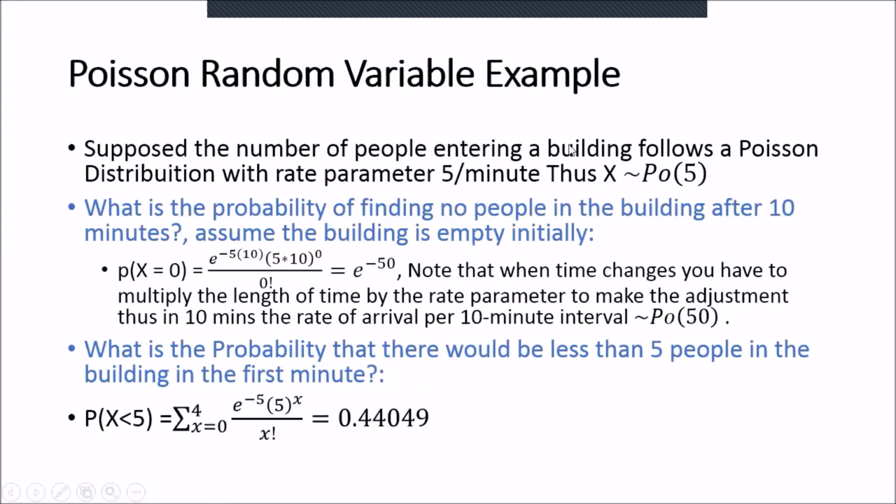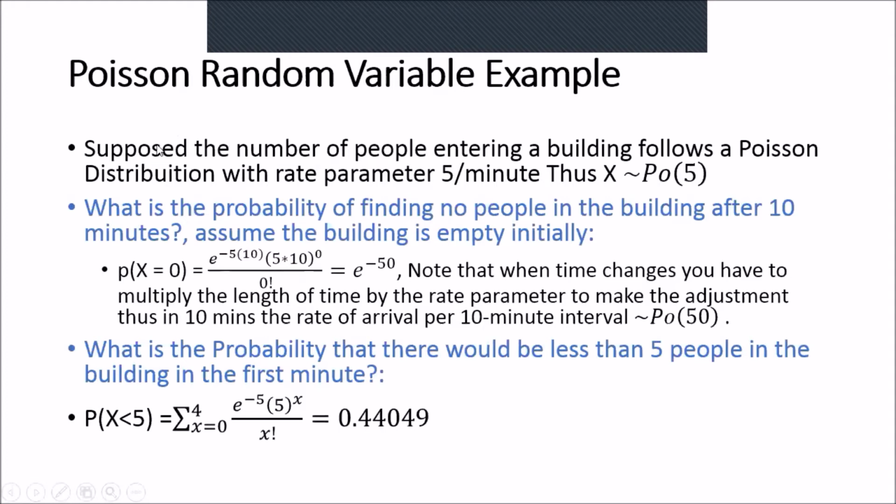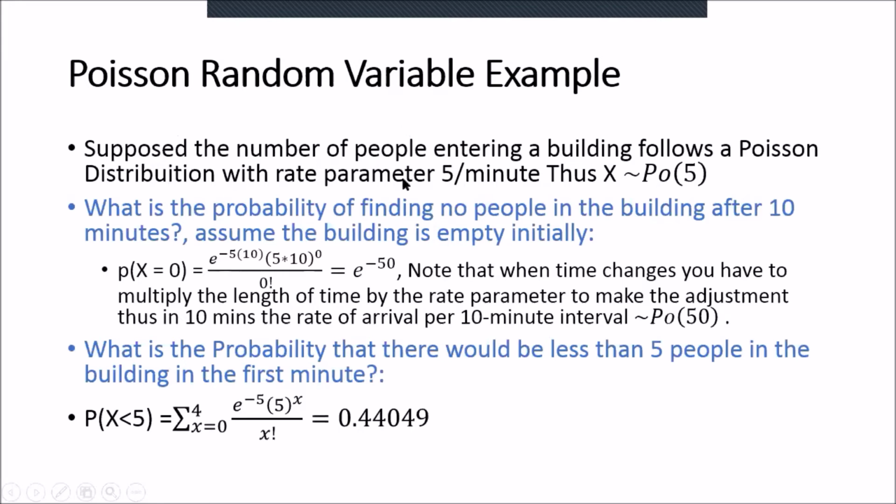So let's look at some example questions that you might encounter if you're in an undergraduate course covering probability theory or statistics, or even if you're in high school doing statistics and you're covering the Poisson distribution. So suppose that the number of people entering a building follows a Poisson distribution with a rate parameter of 5 per minute.